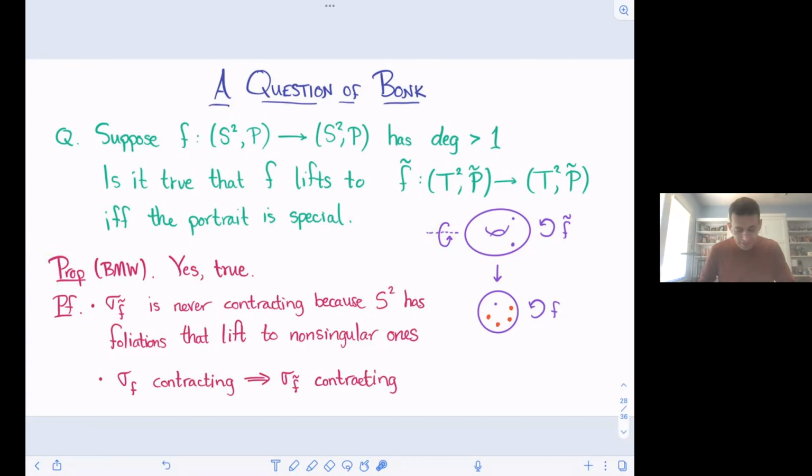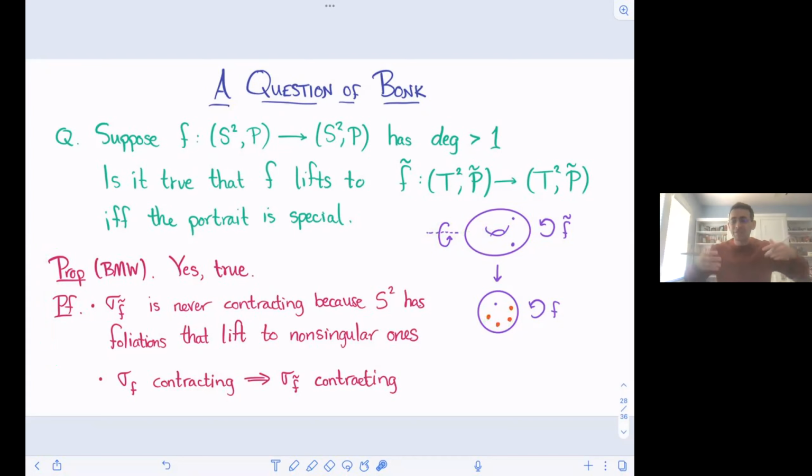And the proof is the pullback map is never contracting, meaning I can find directions that lift to non-singular ones. So there's these 4 special points in the sphere that come from the fixed points of the hyperelliptic involution. I put all of my one-pronged singularities at those 4 points.